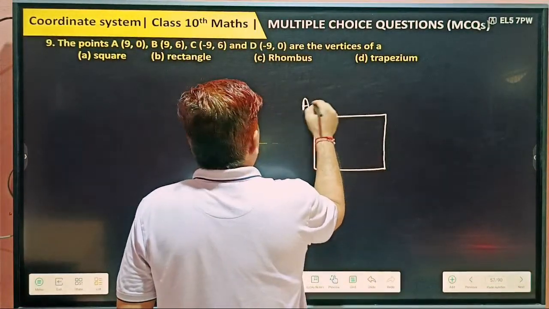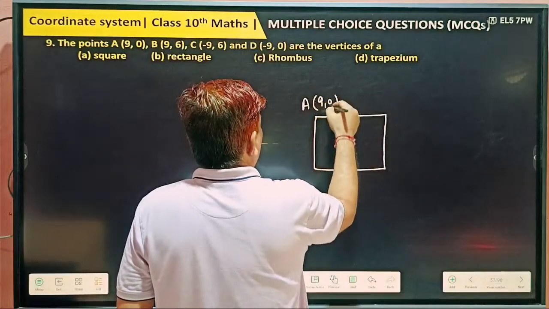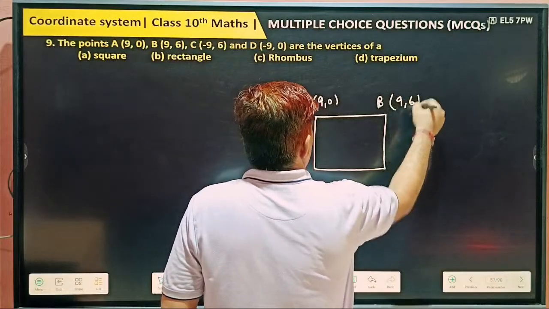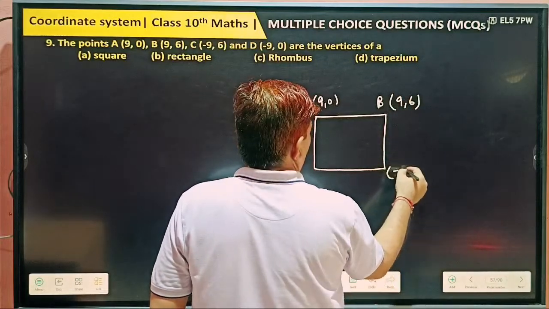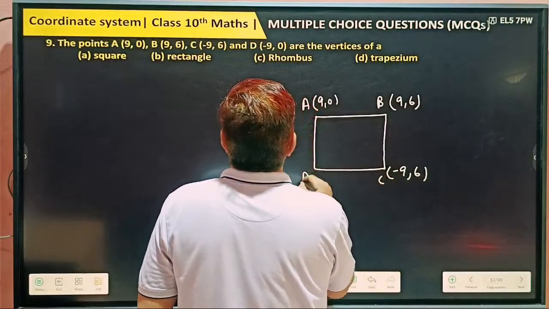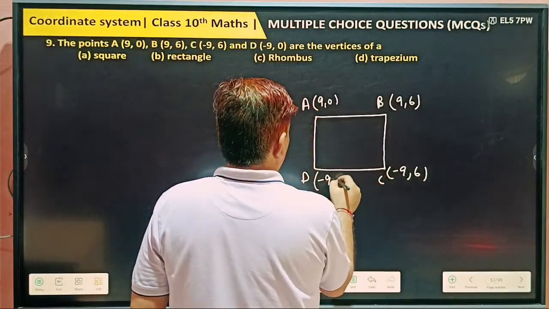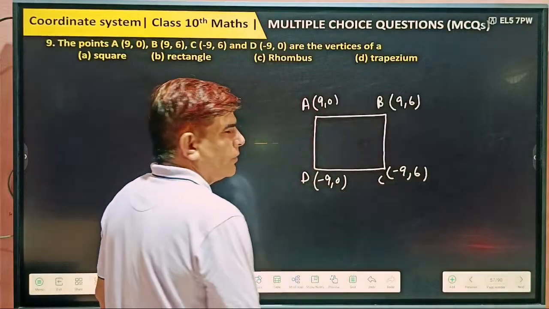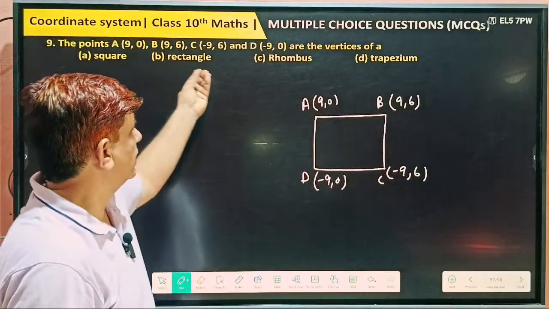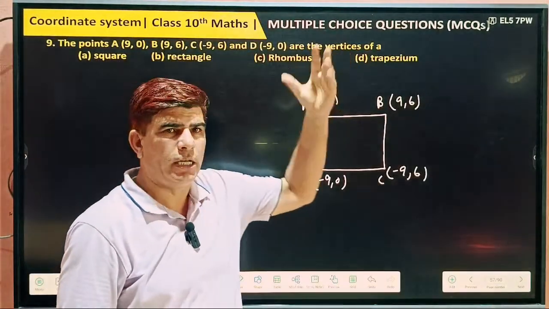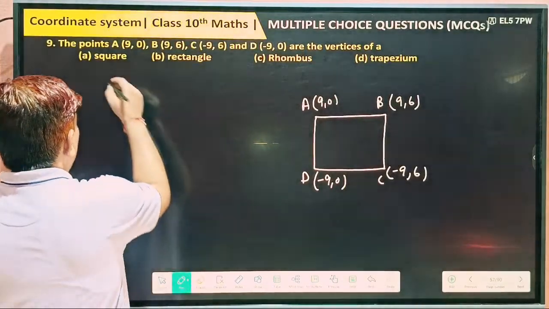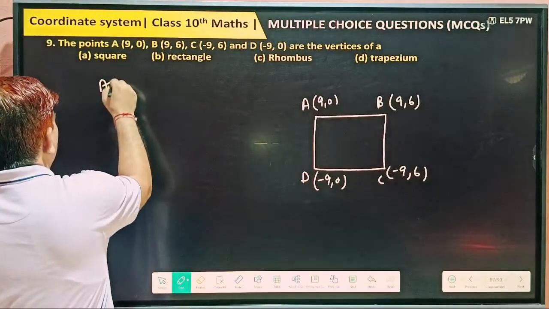A has these coordinates, B has coordinates 9 and 6, C is minus 9 and 6, D is minus 9 and 0. They are the vertices of a quadrilateral. You have to tell whether it is a square, a rectangle, a rhombus, or a trapezium. So first we can find out AB.